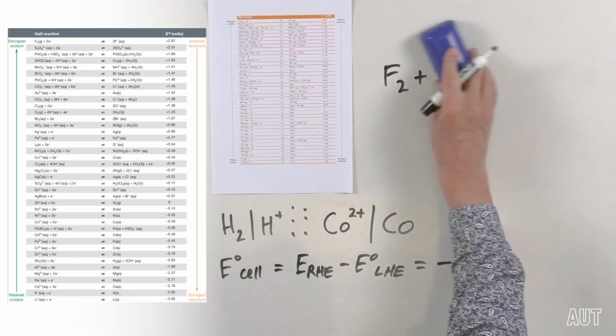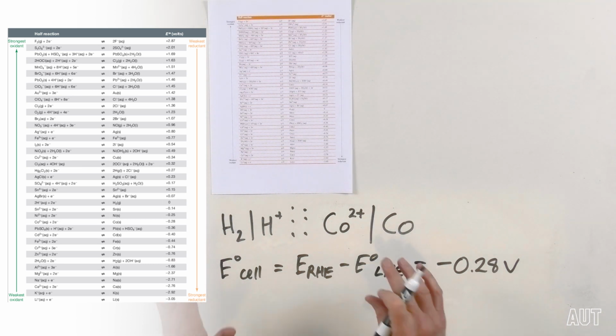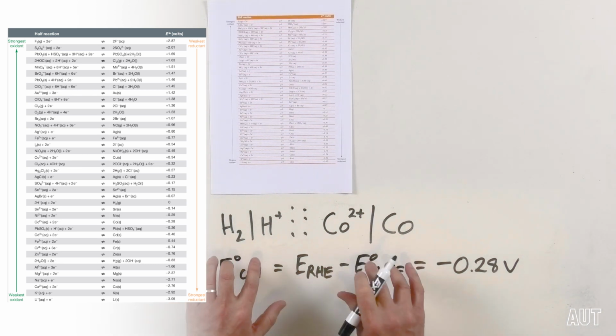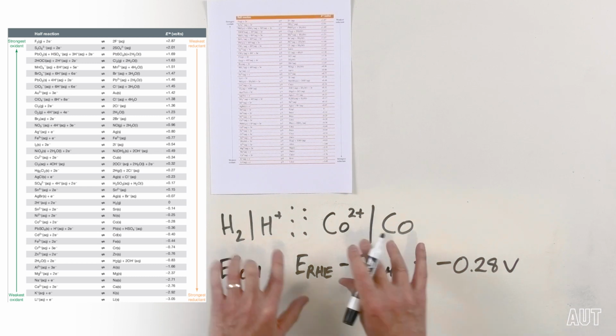Aha, negative value means that, well, first we're getting ahead of ourselves there. We'll save the big reveal for a second or two. Let's write out the defined cell reaction, the cell reaction that corresponds to this particular cell diagram. So we're always assuming that reduction's occurring at the right-hand electrode.